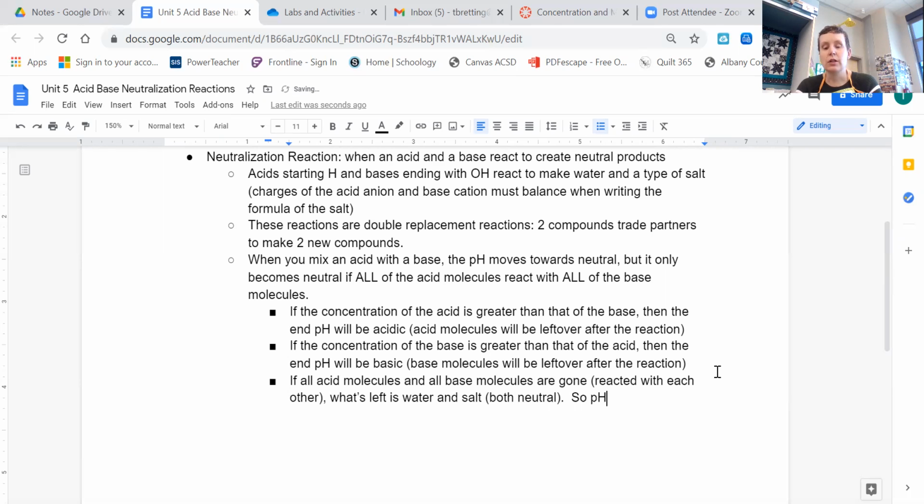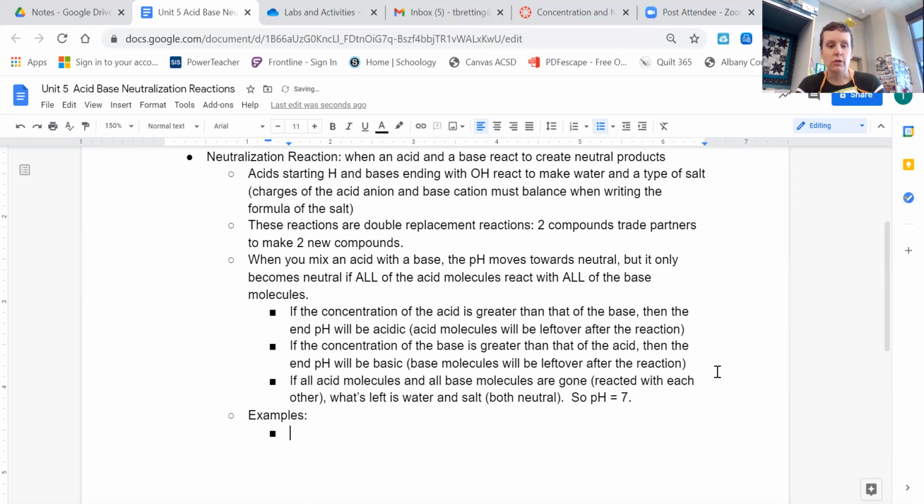So pH equals 7. Okay, so if you have exactly the same number of acid and base molecules, again, they all react, they make water, they make salt, both of those things are neutral, so your pH at the end would be exactly 7. Okay, there are going to be some examples.